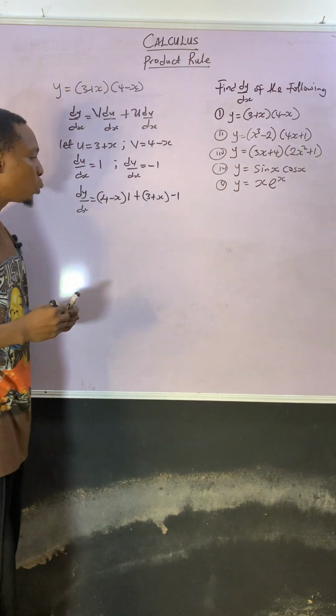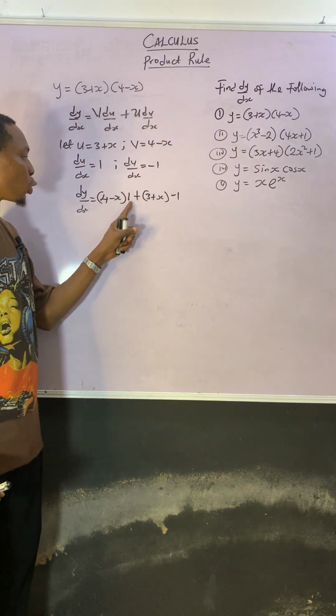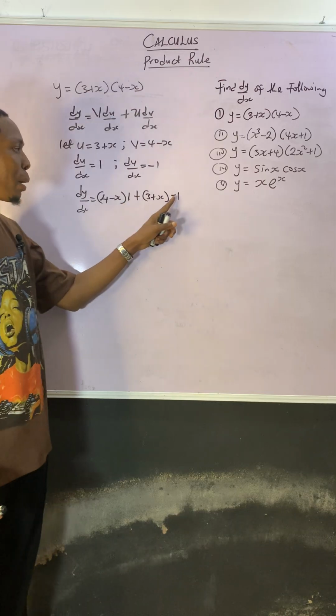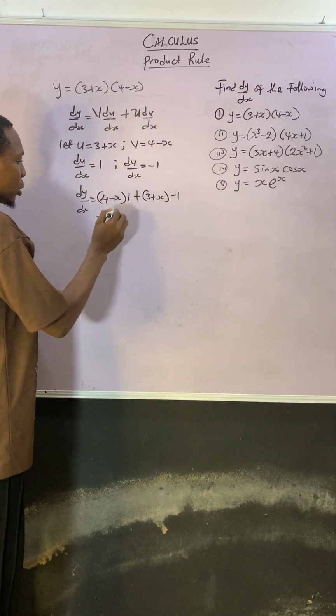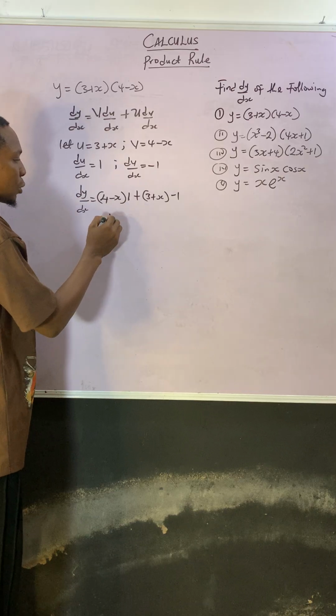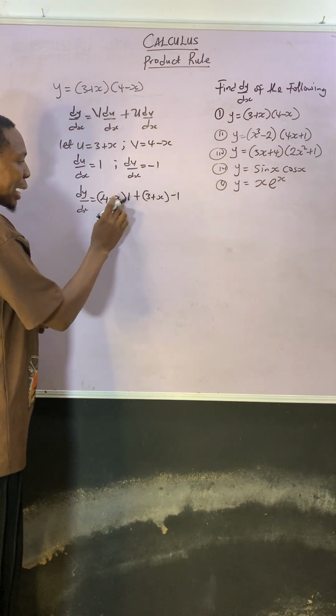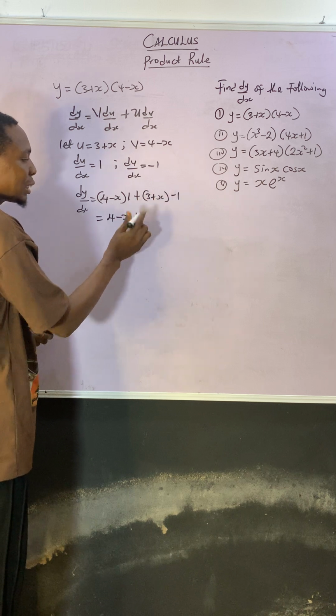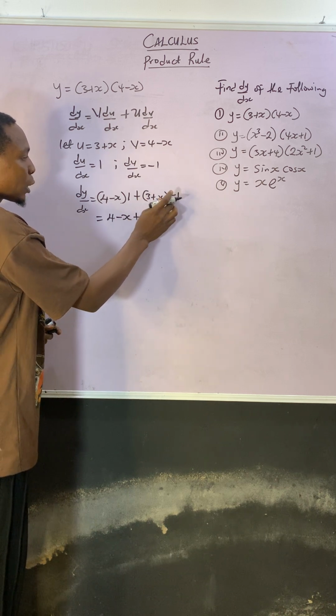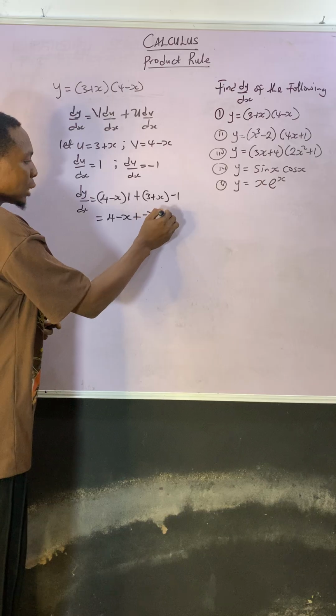So what are you going to do here? You use this 1 to open this bracket, and you use minus 1 to open this bracket. So 1 times 4 gives us 4, and 1 times minus x gives minus x. Then plus minus 1 times 3 gives minus 3, and minus 1 times x gives minus x.